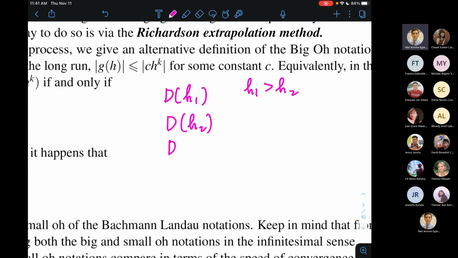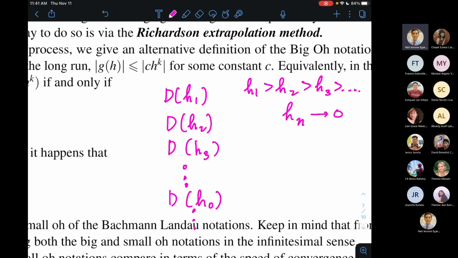You can continue this process, taking another h3, and so on. Somewhere you get the near optimal step size, let's call it h sub o, which we got from the previous discussion. Then you do this for infinitely many values of h that decrease to 0, so the h_n's converge to 0 eventually.